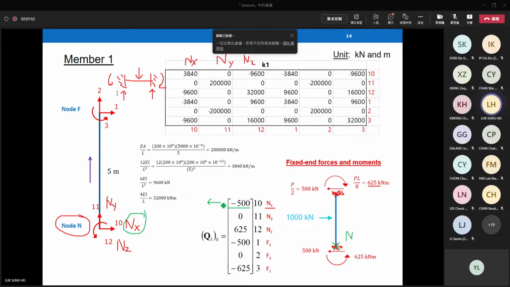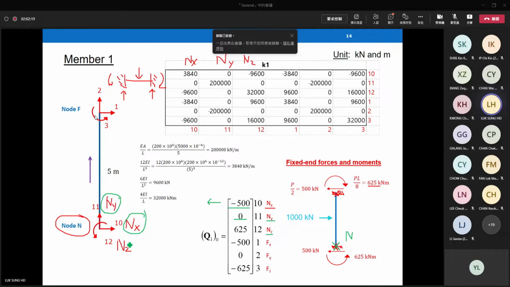Ny means the vertical component. We have no vertical component right here because there is no actual effect, so 0. Then the third item, nz, represents the rotation degree of freedom.